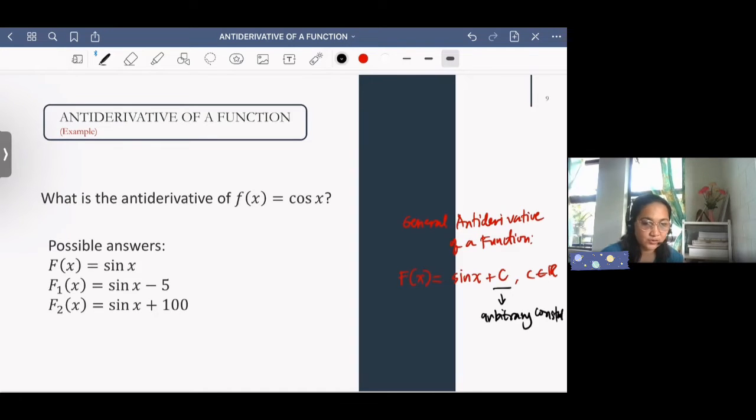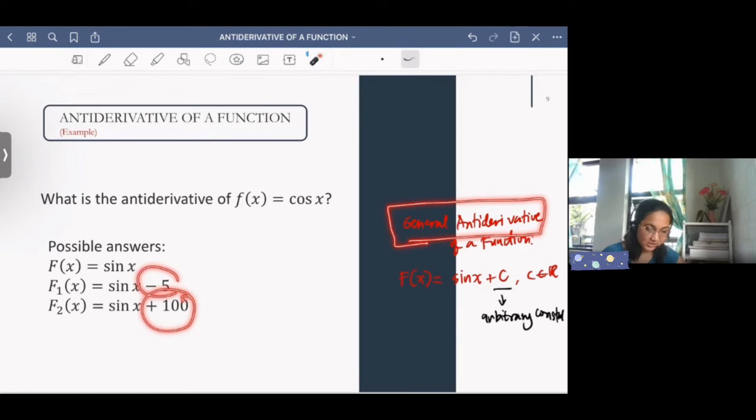For us to show all the possible antiderivatives of a function, these possible answers are what we call particular antiderivatives. But since we're dealing with general antiderivatives, the general way of writing the antiderivative of a function, we call that the general antiderivative.